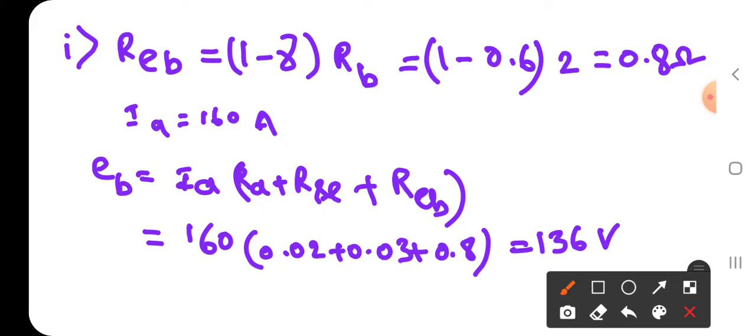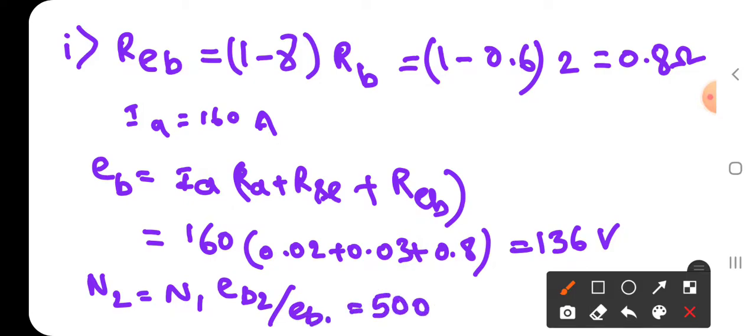So now let us find the speed for 136 volts. N2 is equal to N1 into EB2 by EB1, where N1 is 500 rpm, EB2 is 136, by 176.